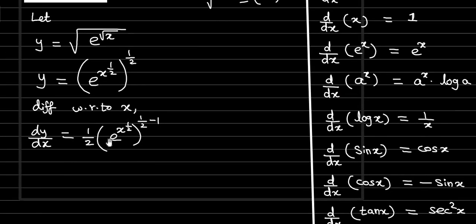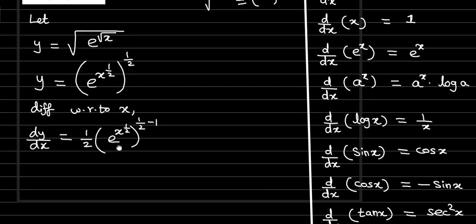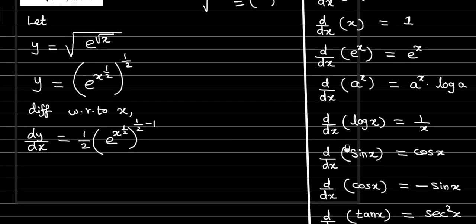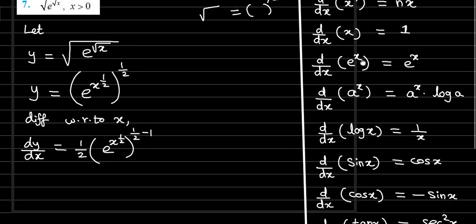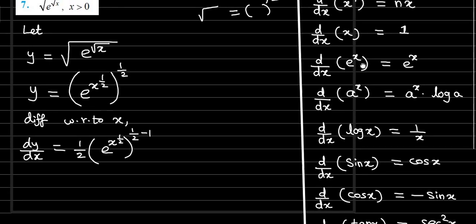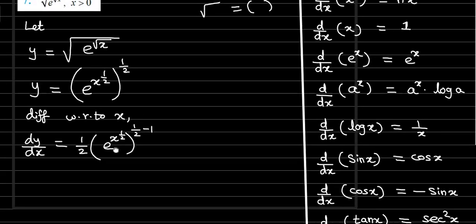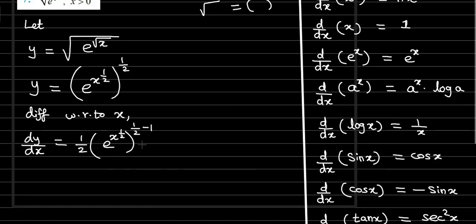Next, e power x power 1 by 2 differentiation. Is it a standard form? No. We only have the exponential function e power x alone. The differentiation of e power x is e power x, so the differentiation of e power x power 1 by 2 is the same, e power x power 1 by 2, no change. With this, the exponential function differentiation is done.